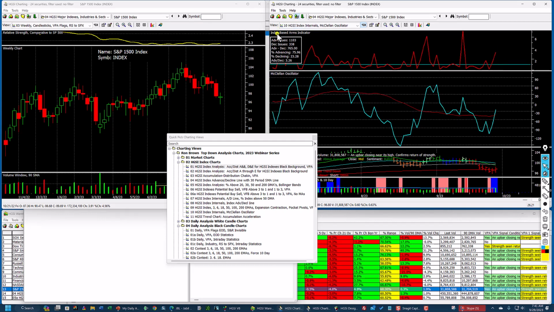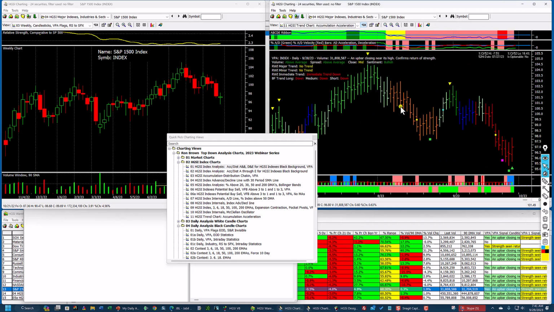This up here is the index-based ARMS. It is showing the advancing versus declining issues once again, 3.26 to 1. And then the last chart just shows the trends. And the trend, when it's red like this, it means these are all still down, but we're seeing the accumulation here. So just a quick run through.